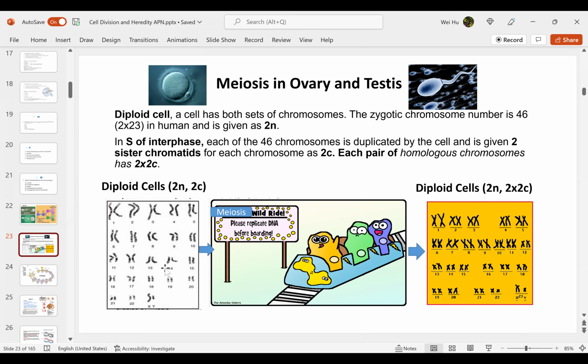They have to go through interphase. Remember, any division has to go through interphase, because you have to replicate your DNA. So here, same thing. You start with 46 chromosomes, you duplicate your DNA, and you have 46 chromosomes, but each chromosome has 2 identical copies.